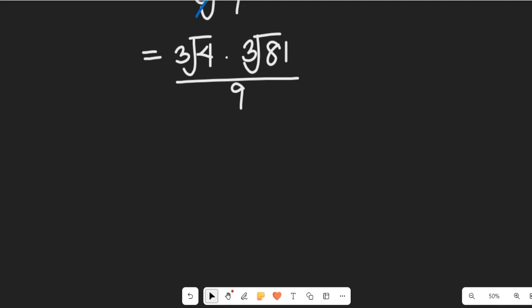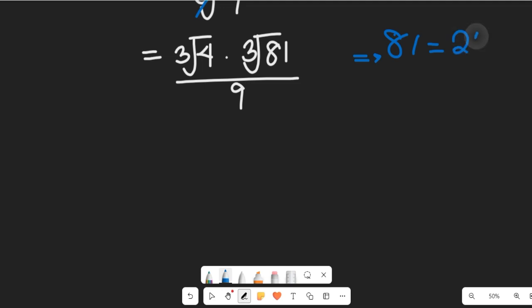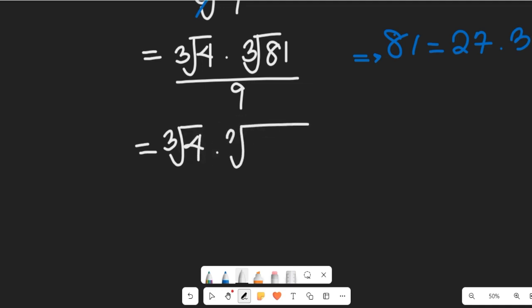Great. Now, in the next step, we are going to simplify further. Recall that 81 can be broken down to give us a perfect cube, right? 81 can be equal to 27, which is a perfect cube, multiplied by 3. So we can have that expression equal to the cube root of 4 multiplying the cube root of 27 multiplying 3, all divided by 9.